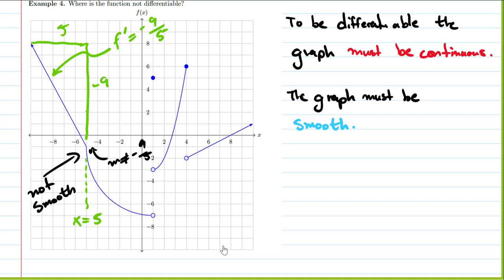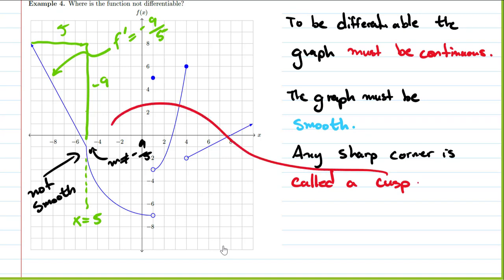We don't really need to do quite that in-depth of an analysis. So we're going to refer to any sharp corner as called a cusp. So that is an example of a cusp.